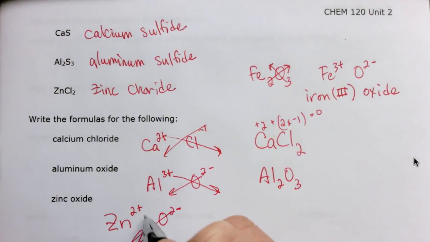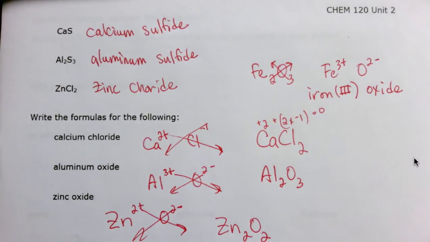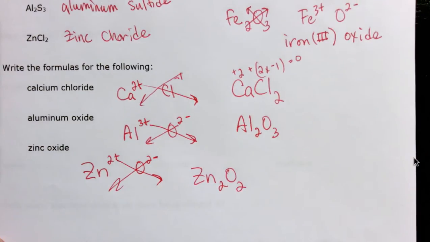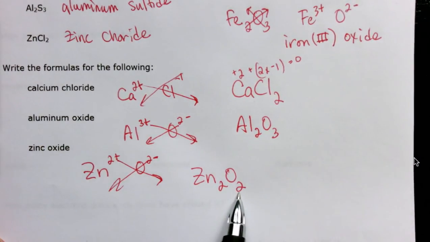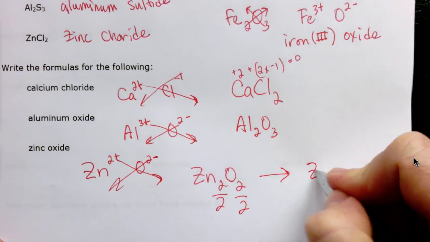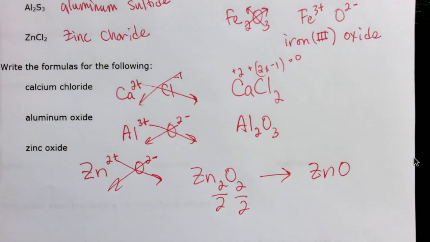So I'm going to do the cross and drop, and this is one where I can simplify the subscripts. So I end up with ZnO, zinc oxide.